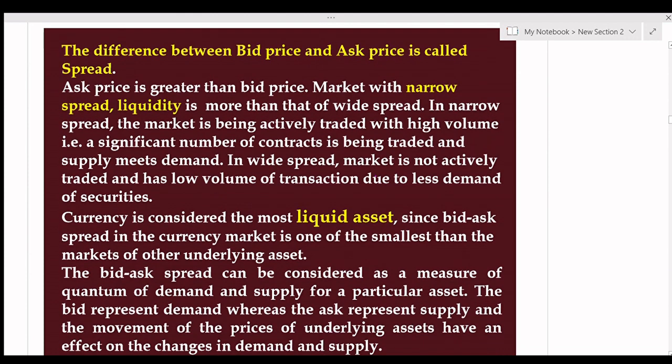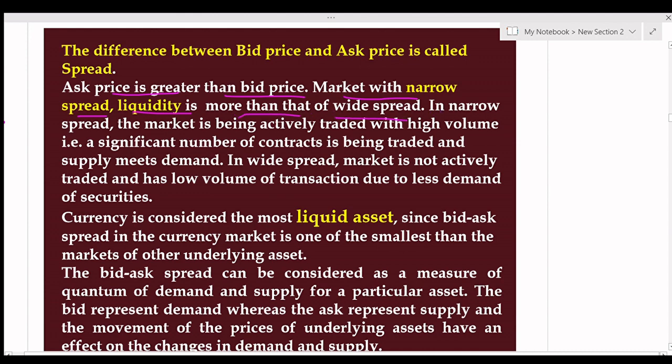The difference between bid price and ask price is called spread. The ask price is greater than the bid price. In a market with narrow spread, liquidity is more than that of wide spread.